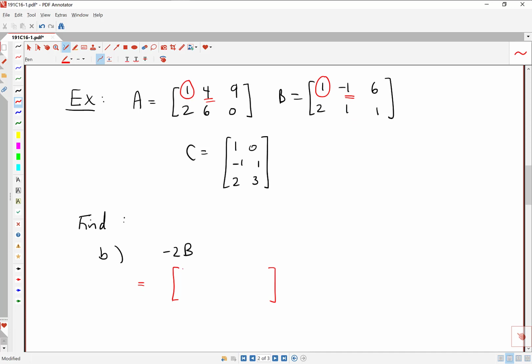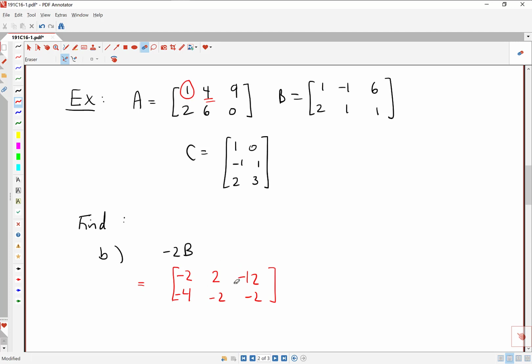So we'd go 1 times -2 is -2, -1 times -2 is 2, etc. So just multiplying each and every entry within B by -2. We'd have -12, and then in the bottom row, we'd have -4, -2, -2. So just as a check on the signs, if we look back at our matrix B, originally there was just one negative number in B. And then when we multiply B by -2, there should just be now one positive number in the new matrix.